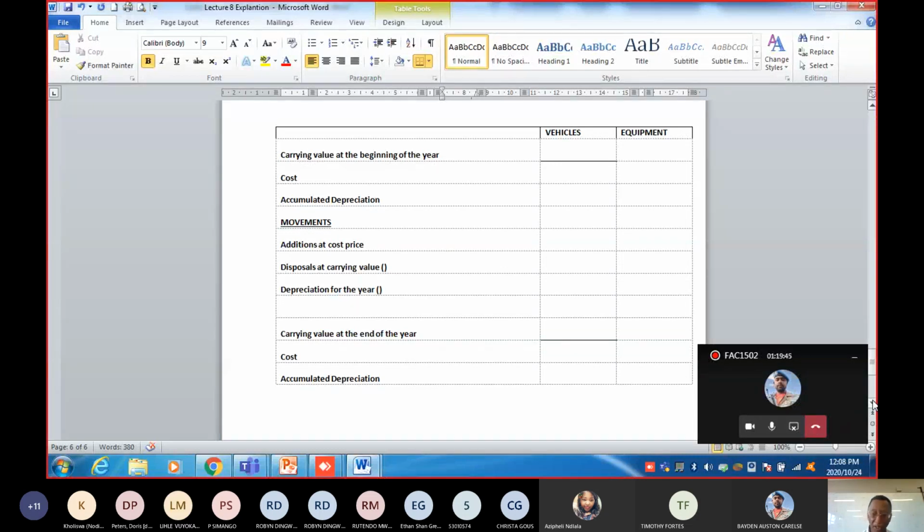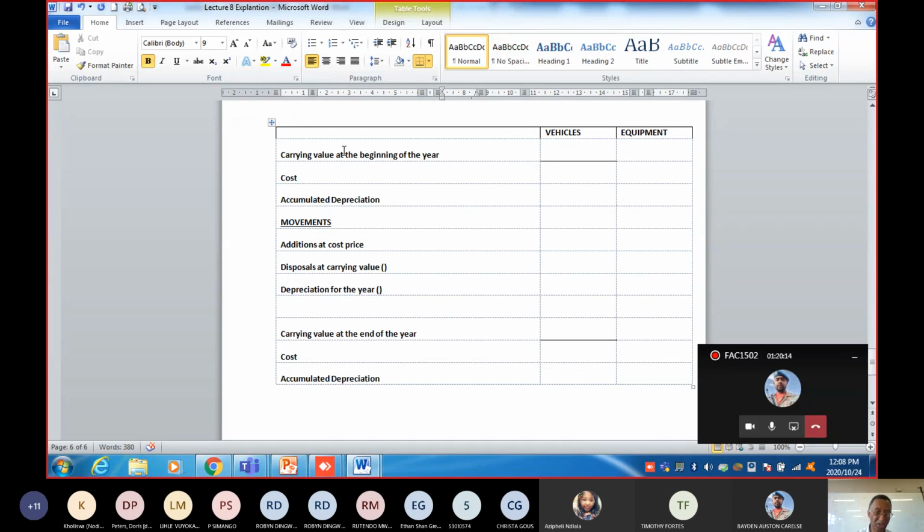For each non-current asset, each portion of your property, plant, and equipment, you must have a column for it. So you can have a column for vehicles, equipment, land and buildings, furniture, whatever the question tells you makes up your property, plant, and equipment, you will have that indicated there.